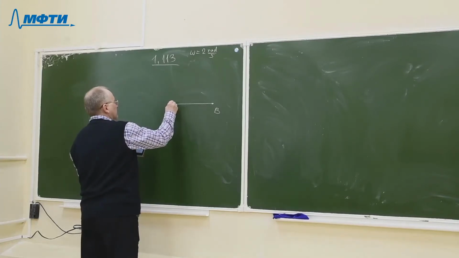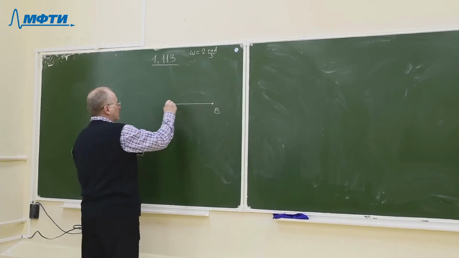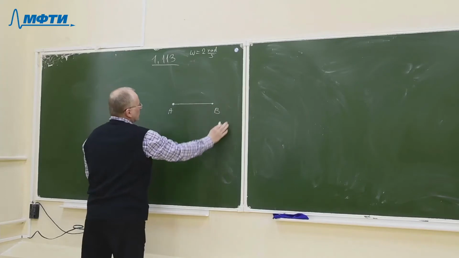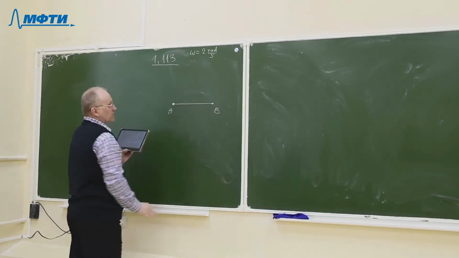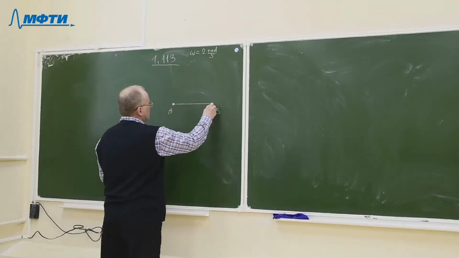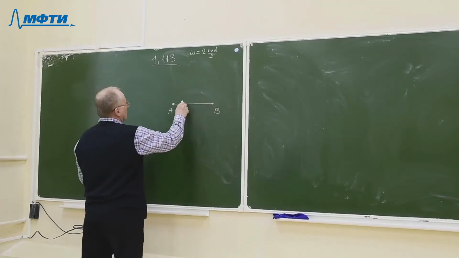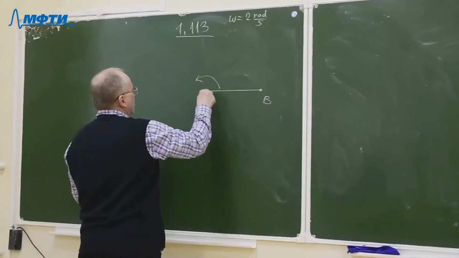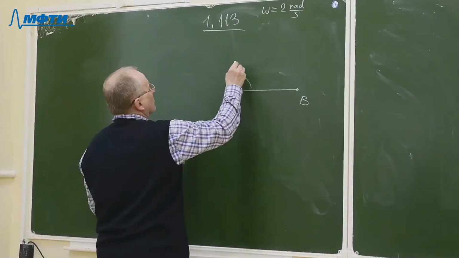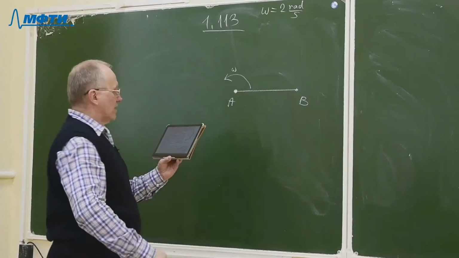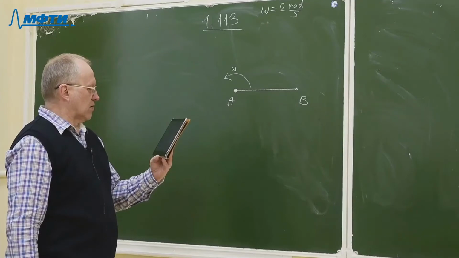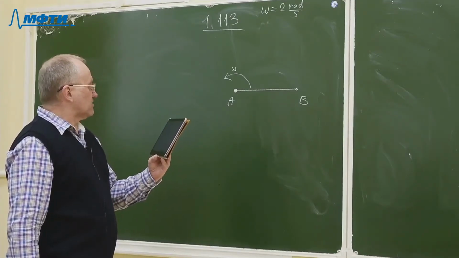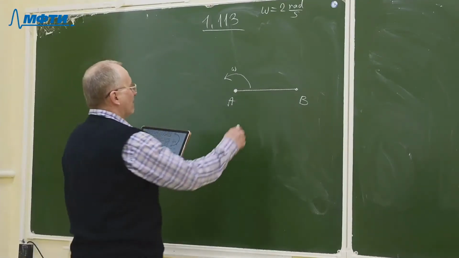So this is the axis of rotation. Vertical axis. It means that the picture is in a horizontal plane, that is on the surface of the table. This rod lies on the surface of the table, and it can rotate about point A, about this vertical axis, with a given angular velocity. There is a freely slipping sleeve.